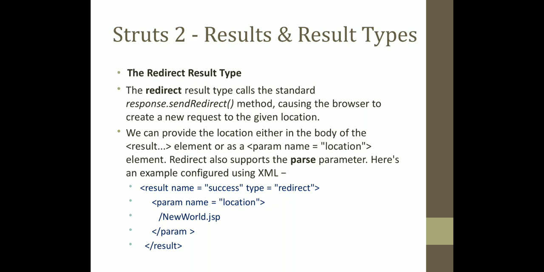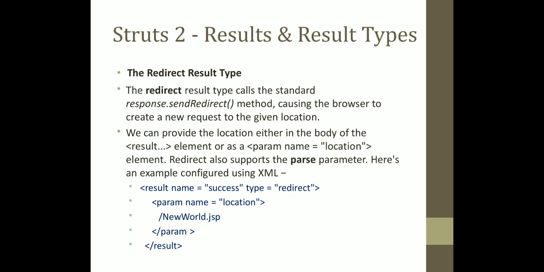Then we can provide the location either in the body part of the result or as just a param named location, and directly in double quotes you can provide the location.